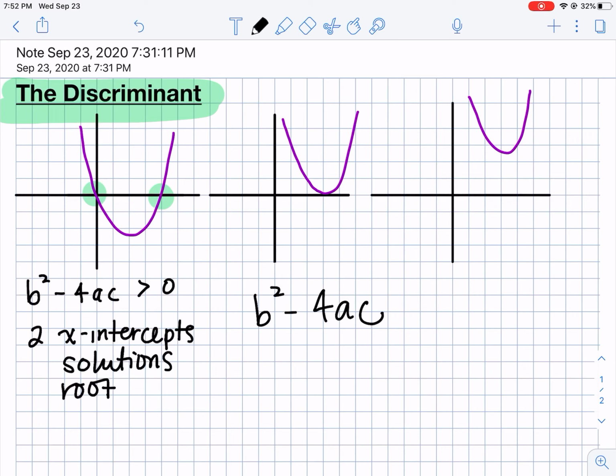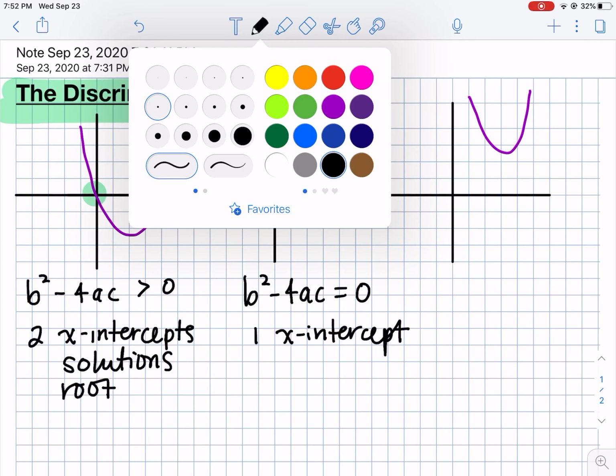Now, if b squared minus 4ac is equal to 0, it's actually 0, then we will have only one x-intercept, root or solution. And that's because we're taking the square root of 0, and plus or minus 0 is just going to be that same number.